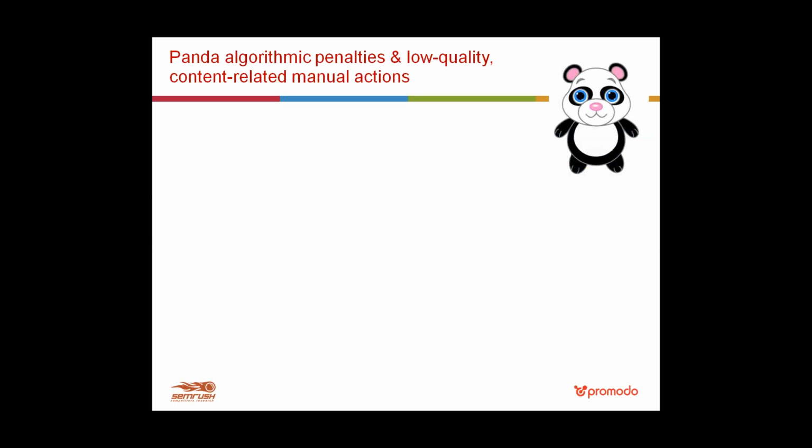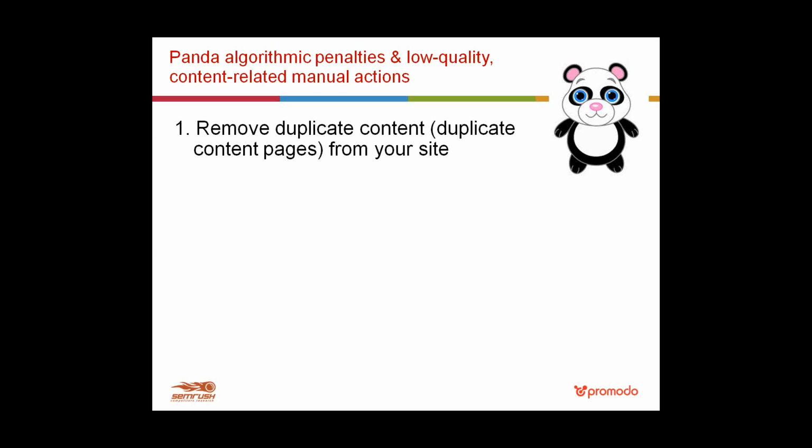If you were hit by Panda-related penalties or manual actions were taken towards your site for low quality or duplicate content, what you need to do is certainly remove duplicate content pages from your site, or remove the duplicate content and write high-quality unique content.